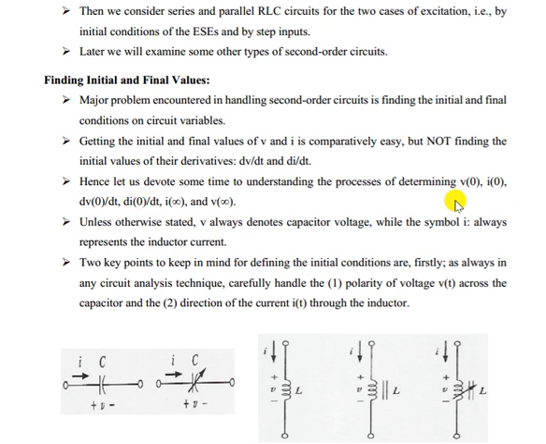In case of only first order circuit we have to find out only v0 and i0, but in the case of second order circuit we have to find out v0, i0, dv0/dt and di0/dt. Then you have to find out the final conditions, that is i of infinity and v of infinity.